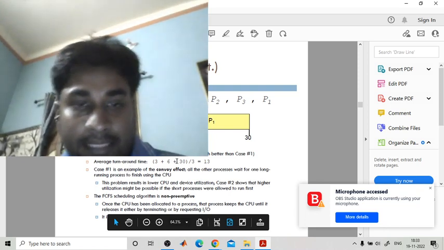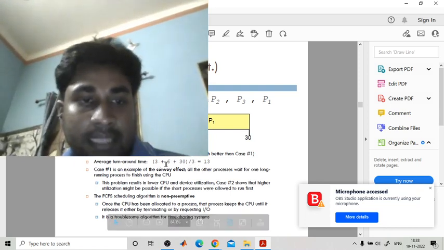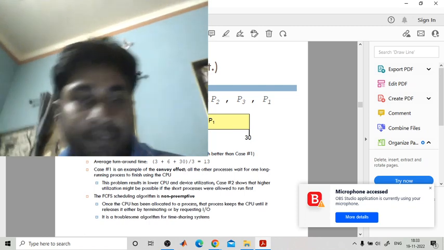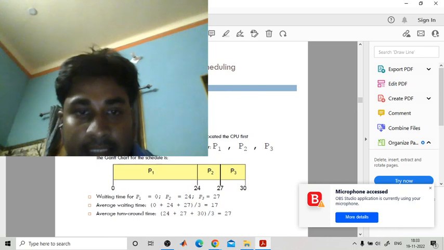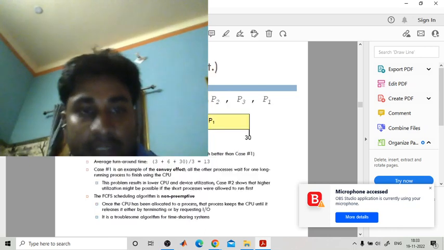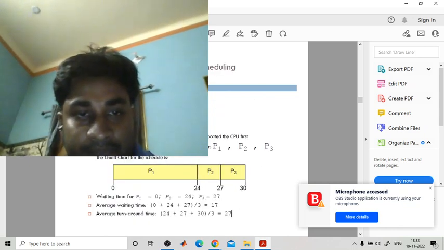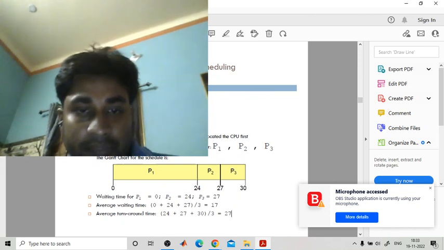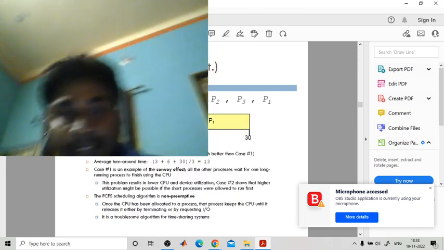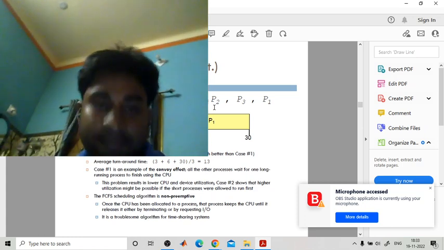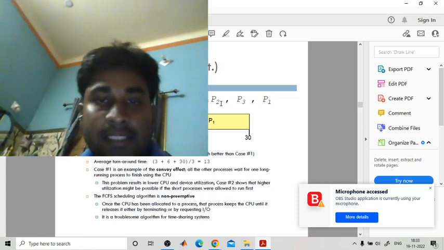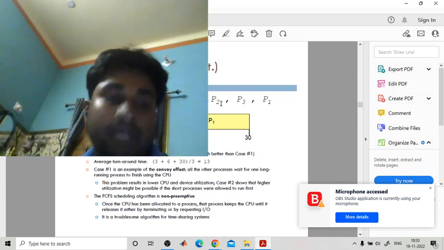Now we can see what happens if we allocate the processes in some other order. Suppose we are allocating the processes first P2, then P3 and then P1. Okay, what will happen there? So we have changed the arrival order. That is, P2 came first, suppose, then P3 came, then P1 came.